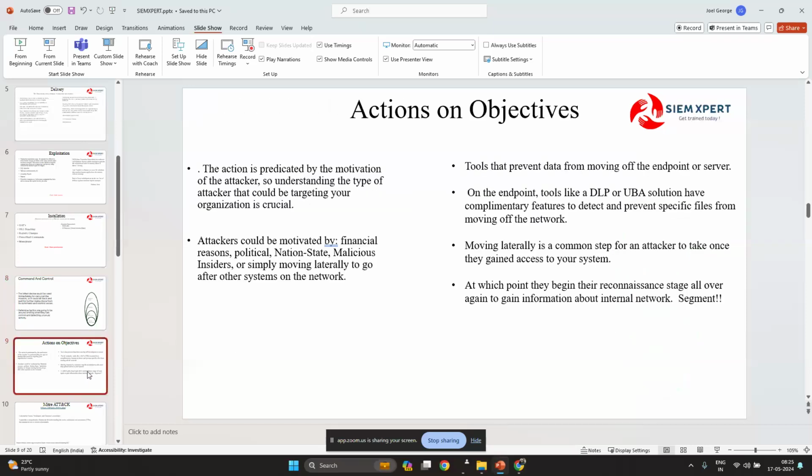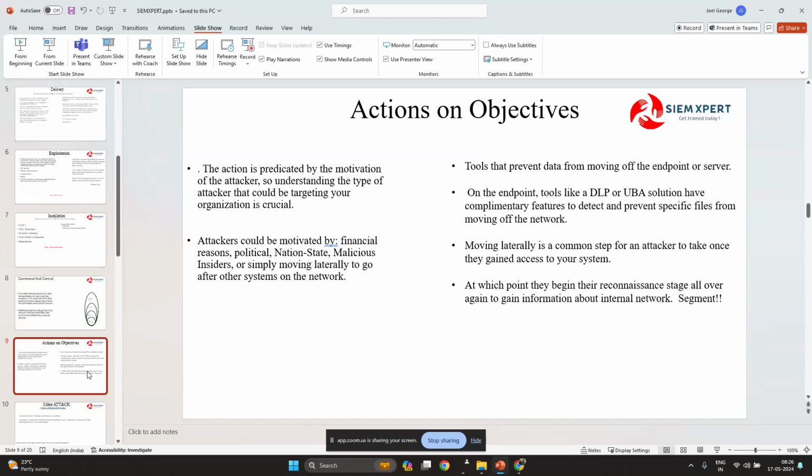Now, actions on objective for a specific threat actor: once he has moved through these many phases, it depends on what kind of attacker he is and what his motivation is. Let's say it is a ransomware threat actor. His main motivation would be to encrypt your data and exfiltrate your data.